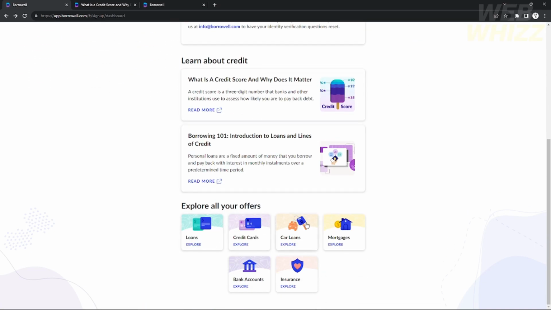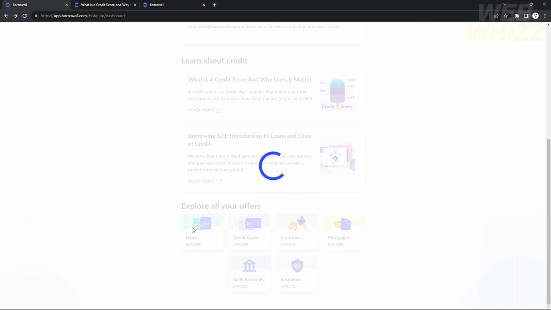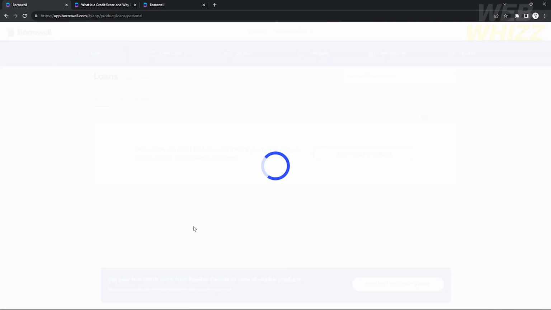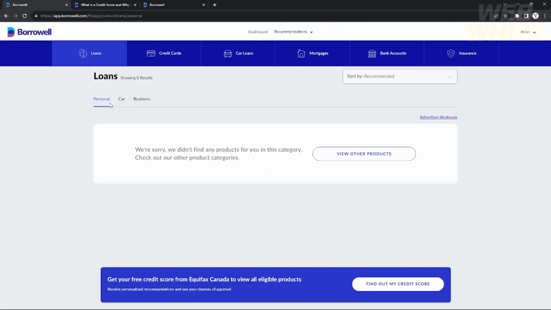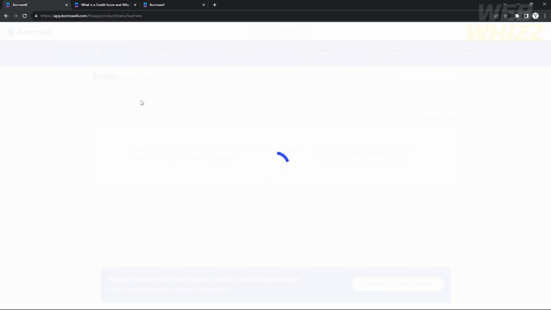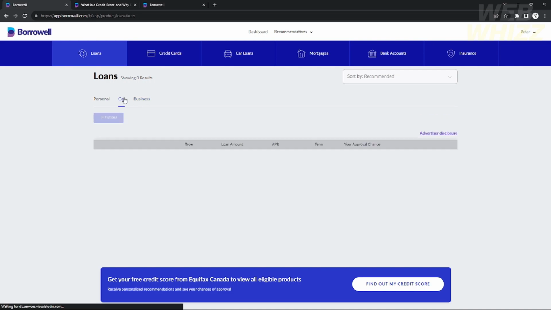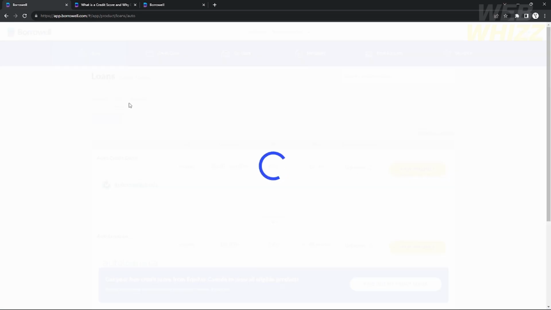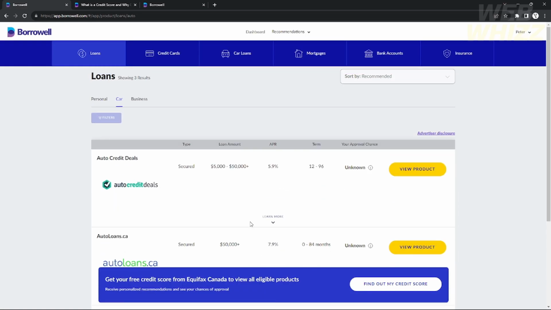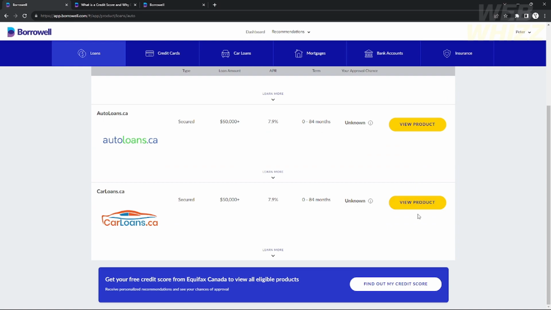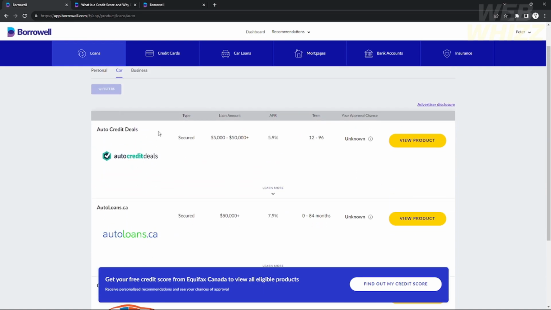And of course, Borrowell has a bunch of trusted institutions, so you can explore all the offers provided by their trusted companies. As you can see, I can get a loan or car loans, for example. The business loans are not available currently, but for car loans they already have different trusted institutions that you can visit.